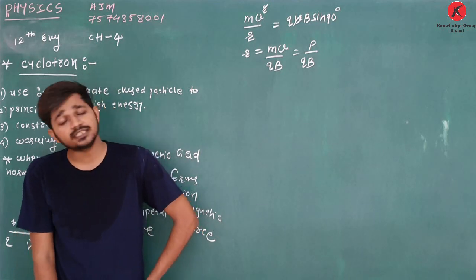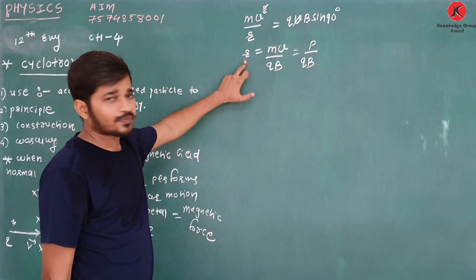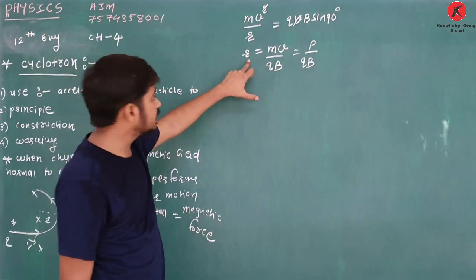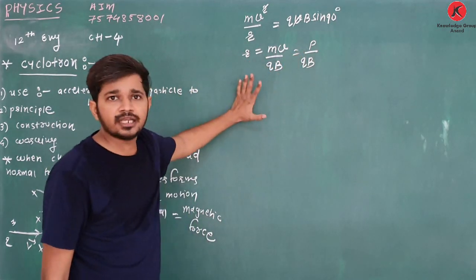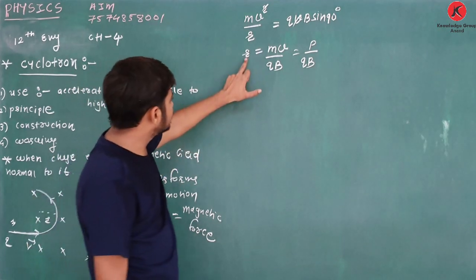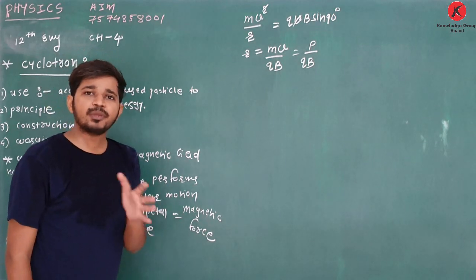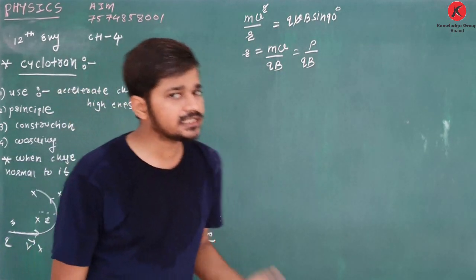So from this we can say this radius r depends on p, the linear momentum. Yes, this r depends on linear momentum. So if linear momentum increases, its radius increases.